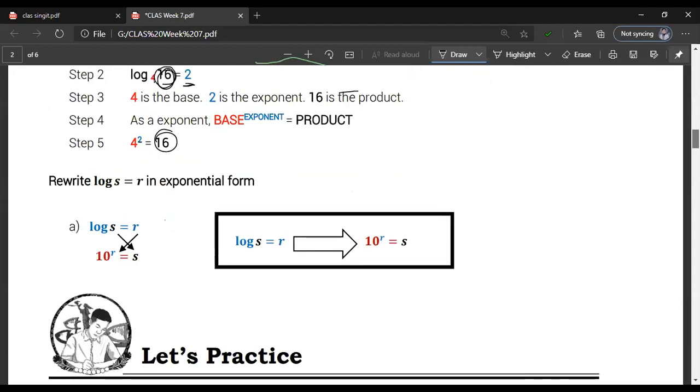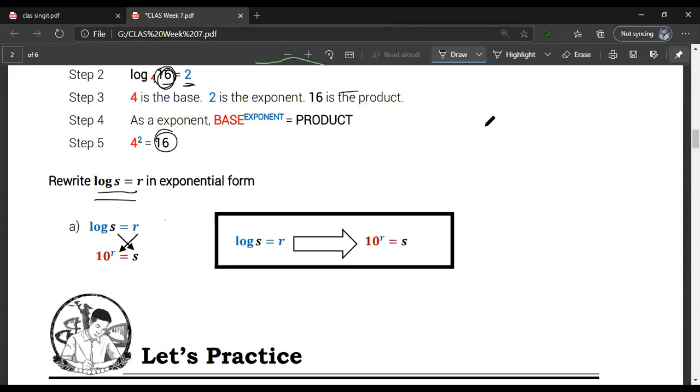Okay, so ito, example natin. Rewrite log of s is equal to r. Isa-isahin natin. Ano yung base? Dito sa logarithm of s equals r, may base ba kayo nakikita? Wala po.